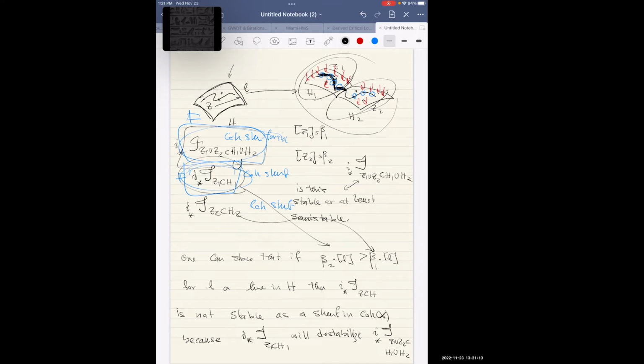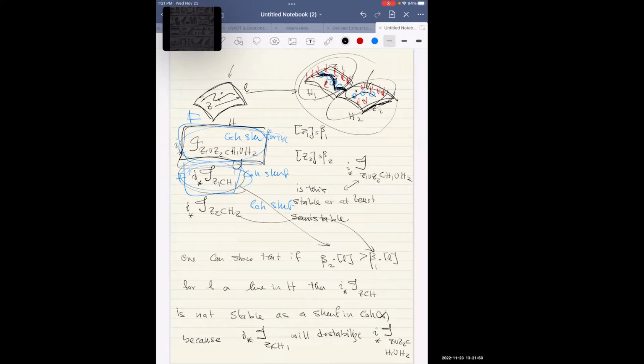Then the torsion sheaf supported on this whole system, the sheaf on the union of the two, which is the ideal sheaf of Z1 union Z2 sitting inside H1 union H2, can get destabilized by the ideal sheaf of one of these things, Z1 inside H1 or Z2 inside H2, as sheaves. So this sheaf is not even stable. So its moduli space is ill-behaved.